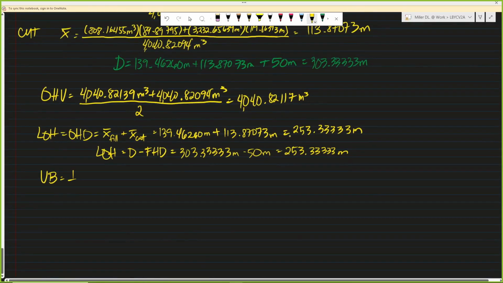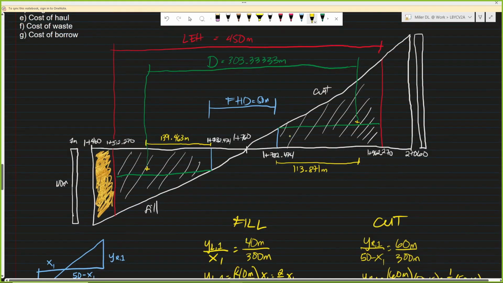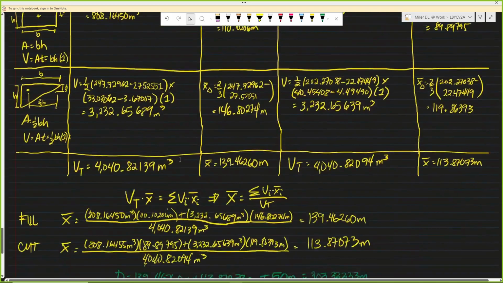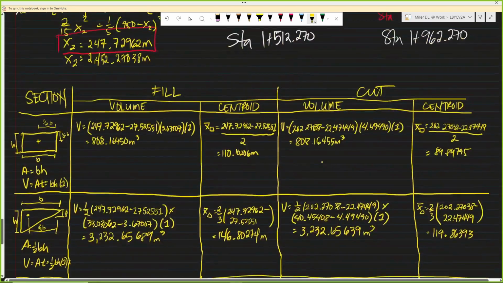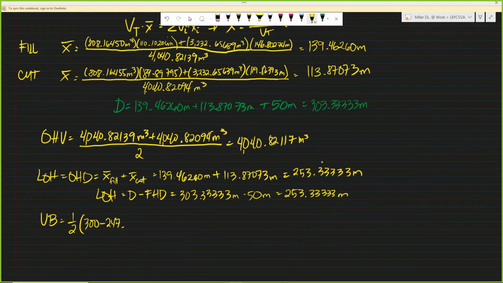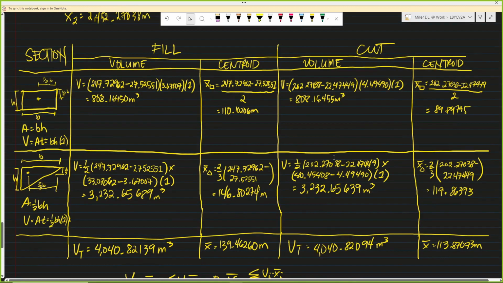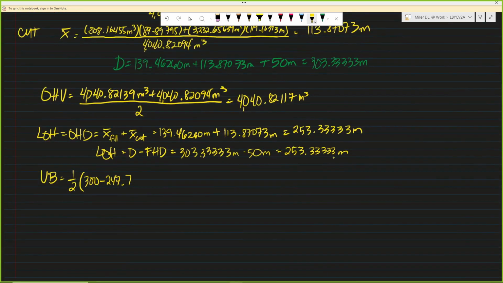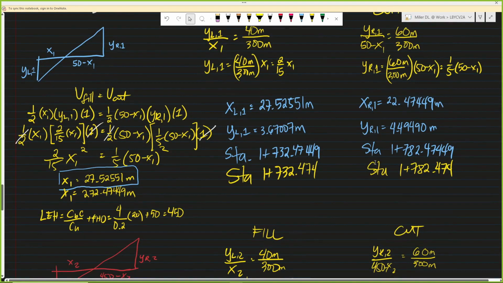So, ang volume pa rin natin ganun, 1/2. Ang base natin ay 300 minus yung x sub 2. 300 minus ang x sub 2, 247.72962. Okay? That would be the base.